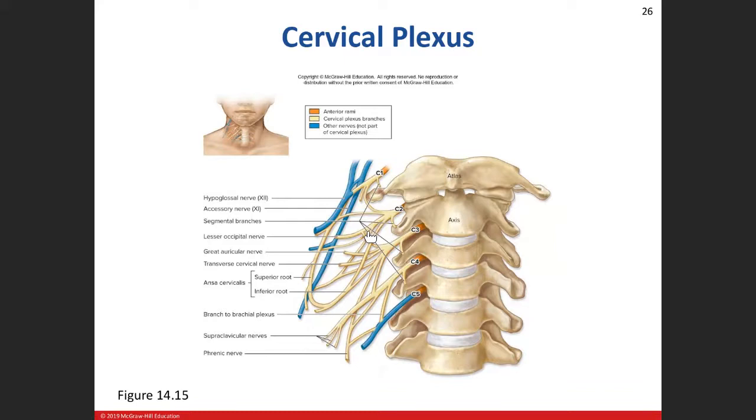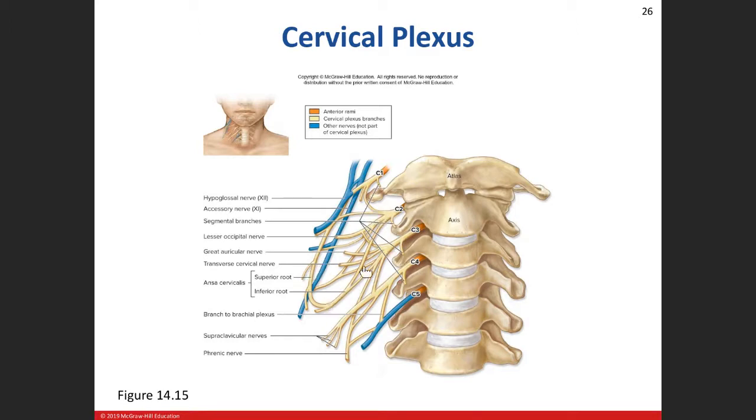Great auricular nerve. This here is a really cool structure, the ansa cervicalis, which is this big loop structure that will sit right on the lateral and anterior neck muscles here. They get different contributions from C2, C3. It just forms this looping-like structure.